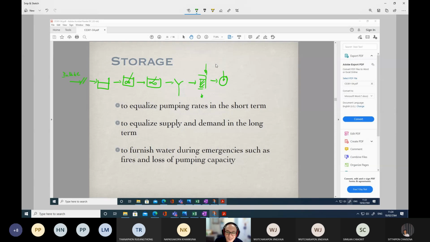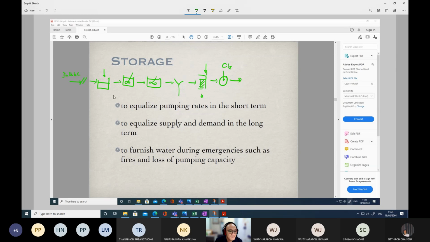And then this is the unit operation where the chlorine is applied before distributing this water to the household. So the storage is equipped as part of the primary treatment.